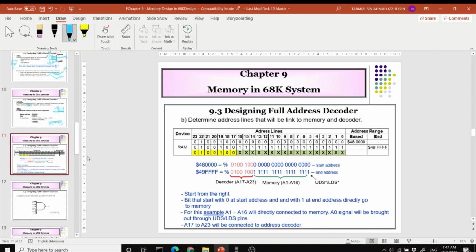So you need to come up with this kind of table. First, let's look at the address range.